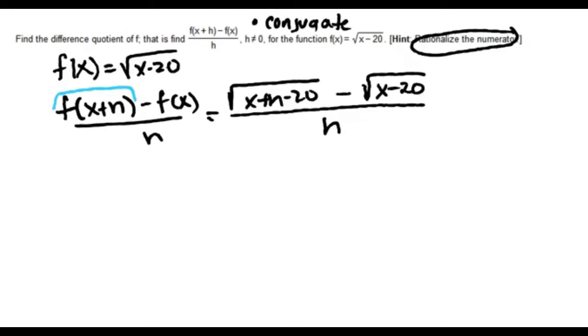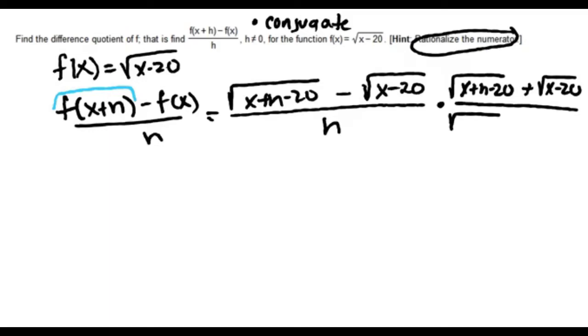The conjugate is the expression that we see in the numerator, except with a plus sign instead of the minus sign. So it has the opposite sign in between those two radicals. So we're going to multiply by square root of x plus h minus 20 plus square root of x minus 20, and we're going to do that on both the numerator and the denominator.